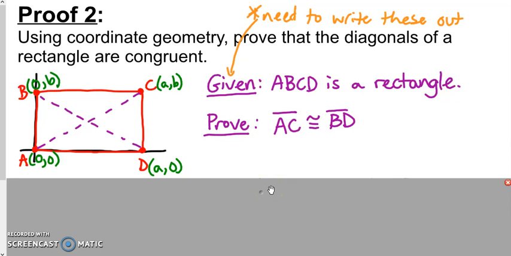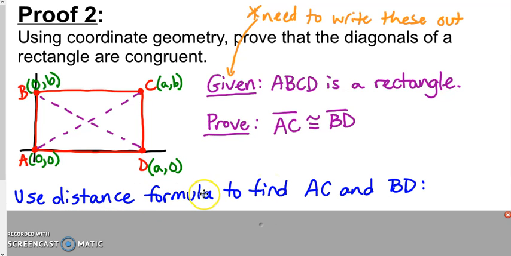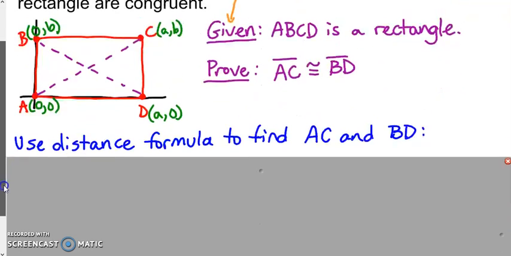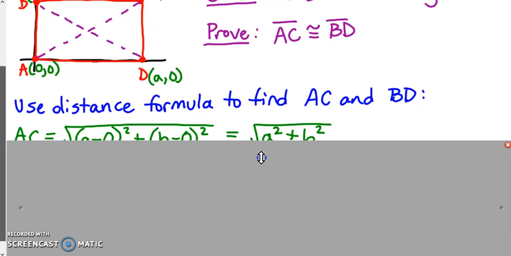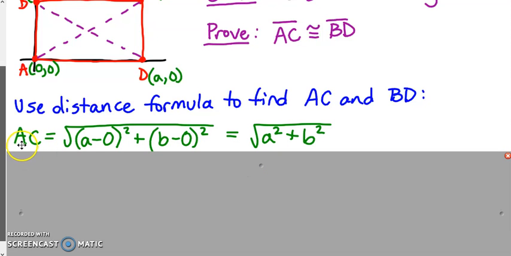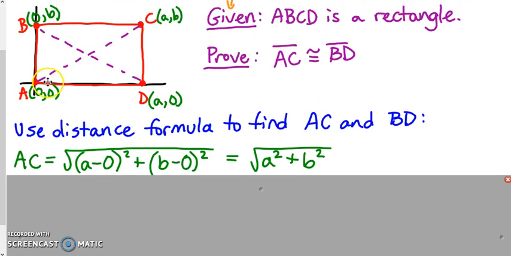Now, in order to do that, I am going to use the distance formula to find AC and BD. Remember, that is part of a coordinate proof, writing what you're doing, writing what formula you're using and what you're using it to find. We find that AC, when we use the distance formula, using this coordinate of 0, 0, and this coordinate of A, B, is going to simplify to the square root of A squared plus B squared, which we have recently discussed is not able to be simplified further.